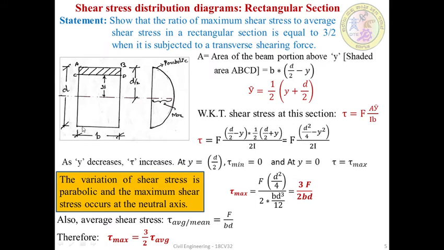First draw the rectangular cross section having breadth small b and depth capital D. Now we have to draw the neutral axis. For that we have to locate the centroid of the section. This rectangular section is symmetrical about the horizontal as well as the vertical axis.